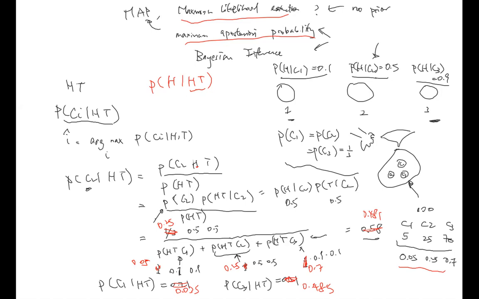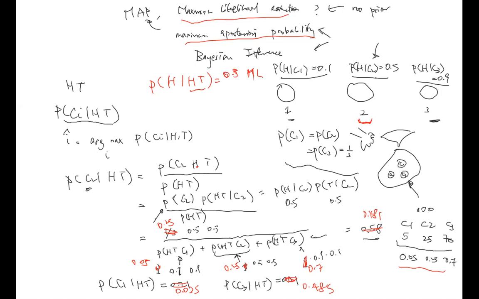For this setup, as I already showed, if I'm not using any prior and I use maximum likelihood, I would guess that the coin I picked is the second one, because that one has the highest probability of getting head and tail. So the probability to get a head the third time will be just equal to 0.5. That's the maximum likelihood case here.